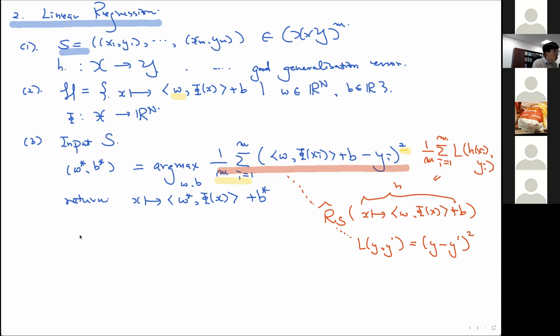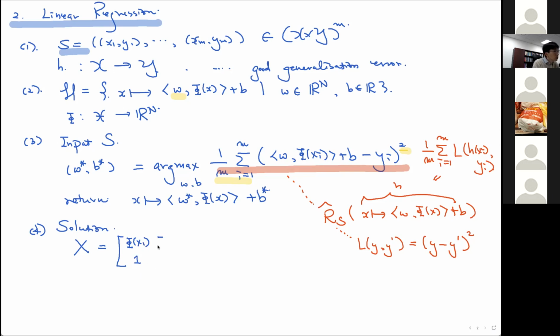So we're going to use matrix notation X. That is going to be a matrix where each column corresponds to the input of each example. The first column will be phi of x1 together with an extra entry which is the number 1.